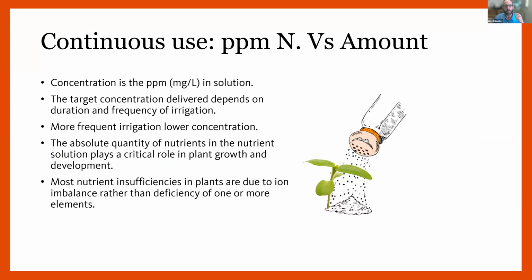The reason that's so important is that with continuous use, as the water evaporates, the concentration will increase. Conversely, as the plants take up the solution, the concentration will decrease.